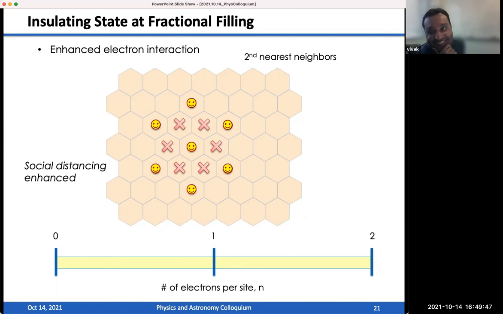There's also a bilayer of TMD separated with a thin hBN, so there's no Moiré lattice involved. At very low density, it's purely due to the electronic Coulomb interactions. They can form so-called Wigner crystals, but I think there are some initial signatures in experiments, but it's not conclusive yet.